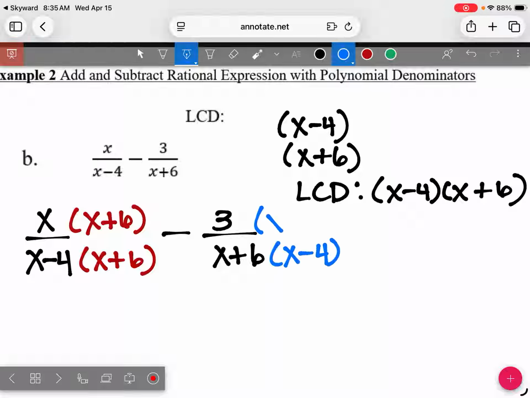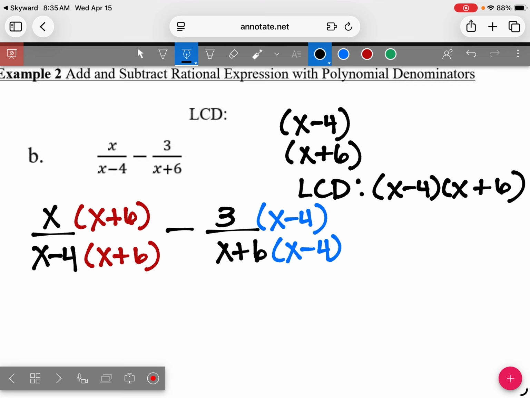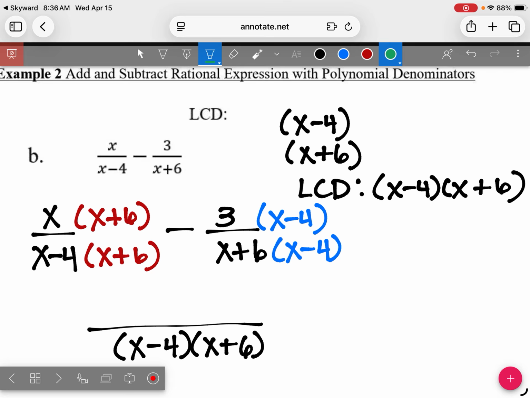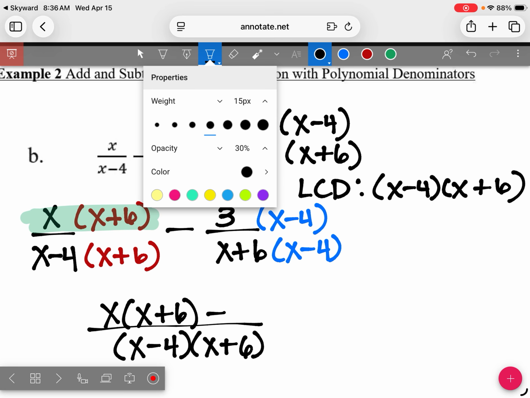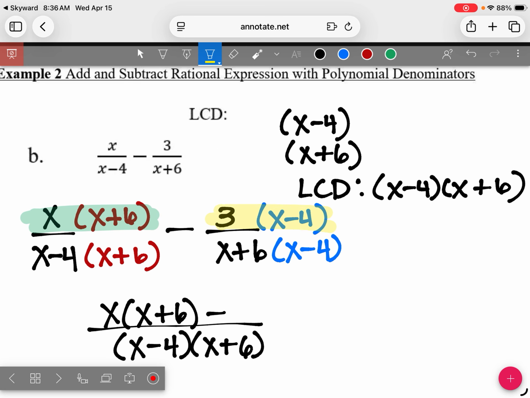All right, so now what I want you to do, we're going to make one fraction. My LCD is in the bottom. I just want you to go straight across the top. First, you're going to write x times x plus 6. You're going to write that first. You're going to bring down your subtraction sign. And then you're going to have 3 times x minus 4.